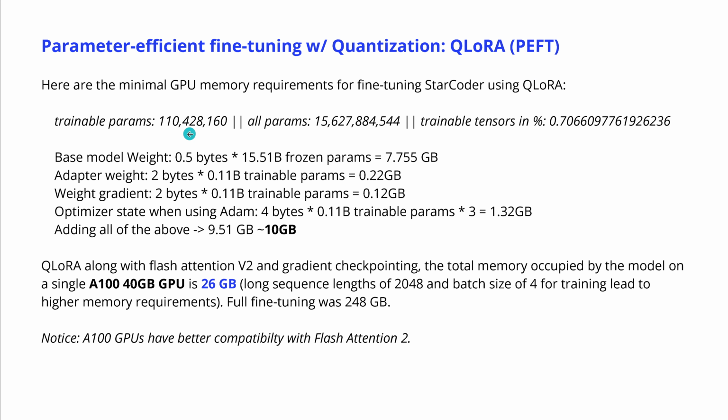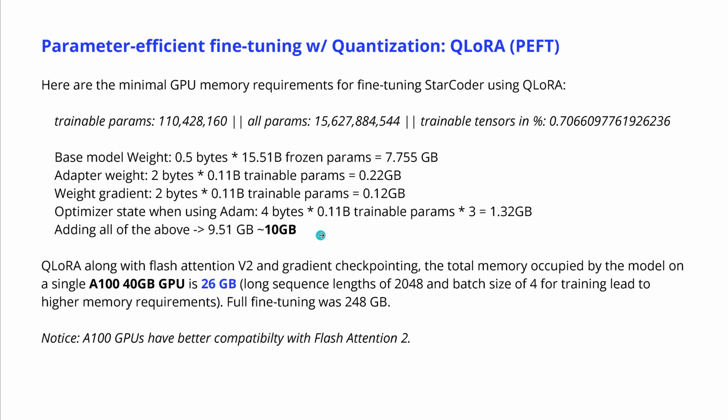So our trainable parameters from our 15B model are now reduced to just 110 million LoRA parameters. So this is great because suddenly in our LoRA model, our trainable tensors are just 0.7% of our classical StarCoder 15B model.